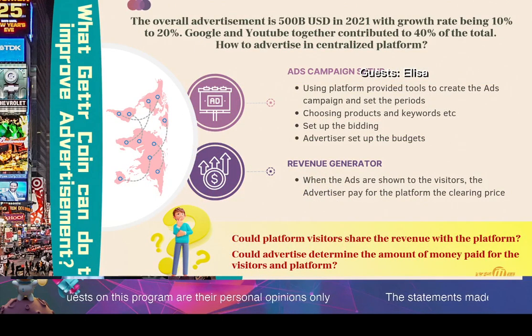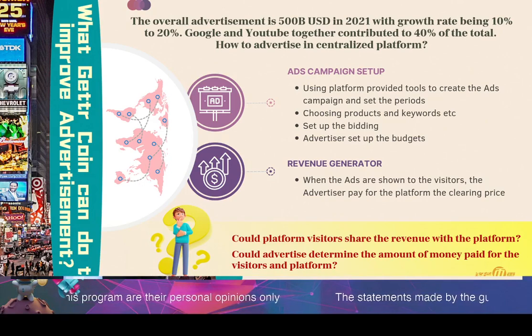A lot of consumer behavior is switching to social media, internet search, things like that. So definitely a great opportunity for internet and high-tech companies to capture the advertisement market.